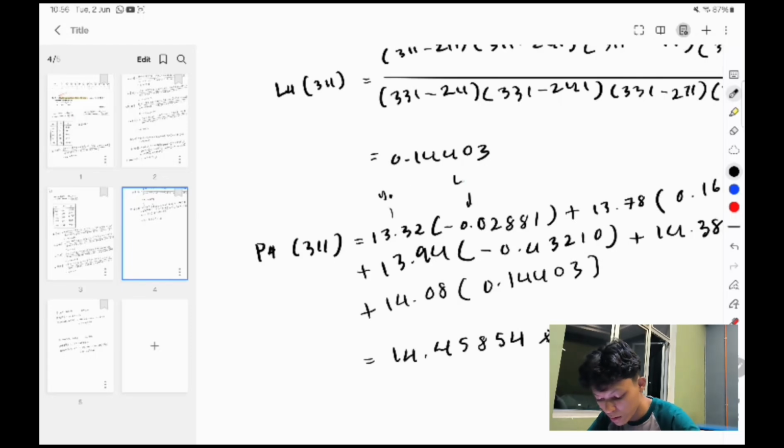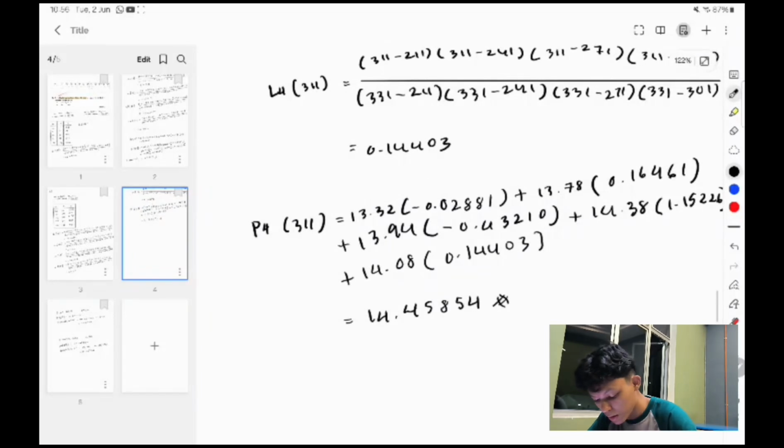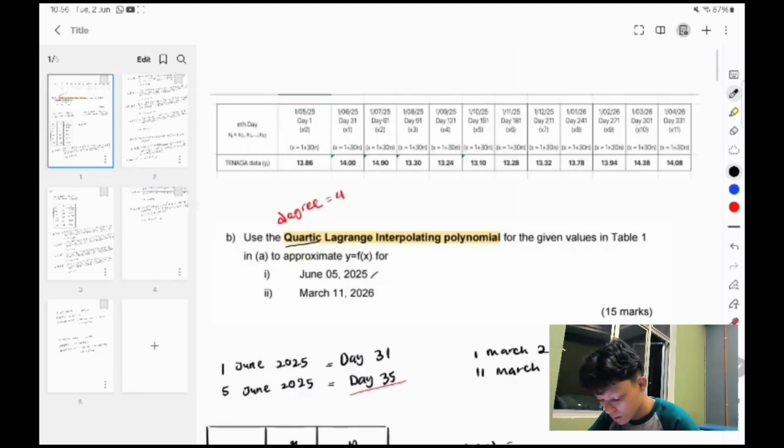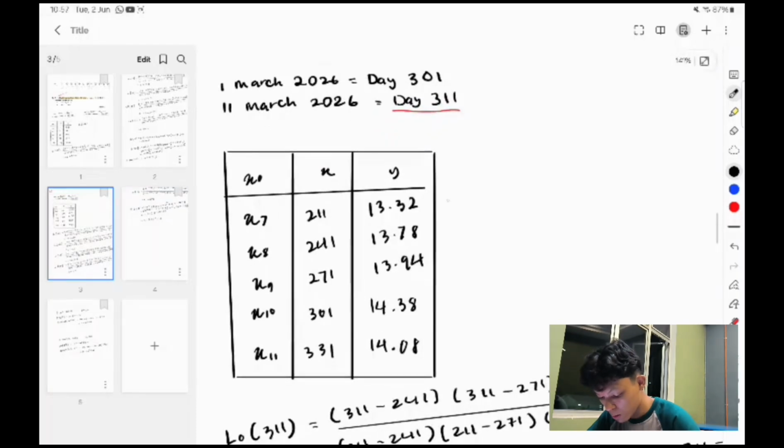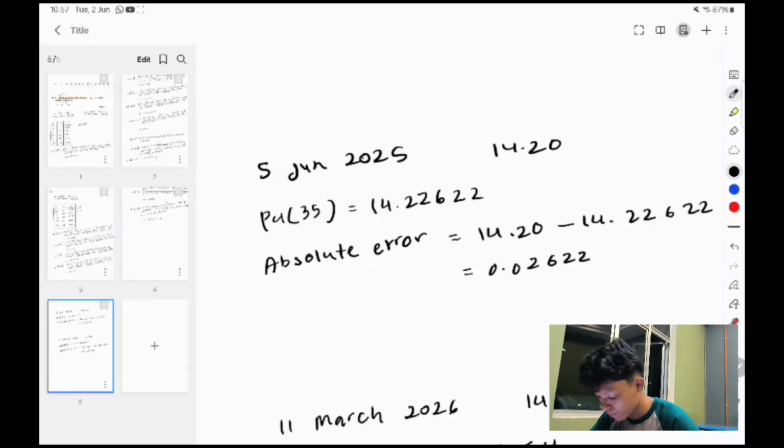and this is the L0 result, and then Y1, Y2 we got from this table.